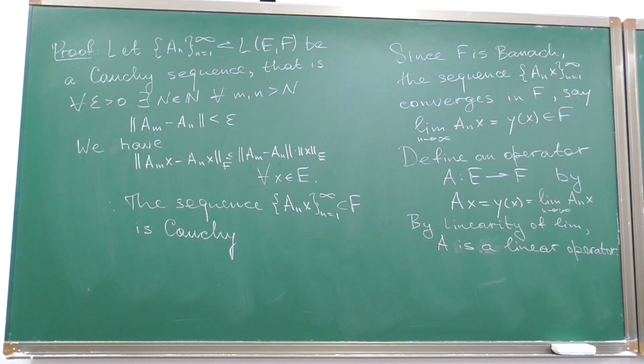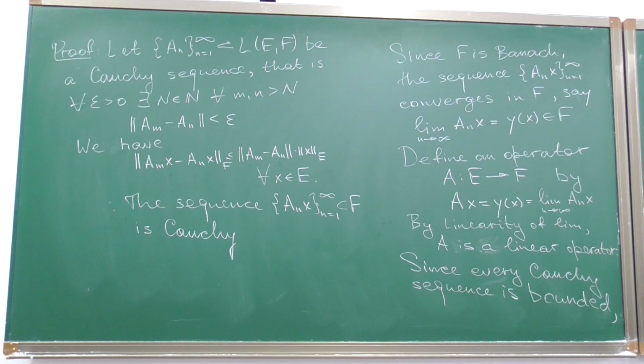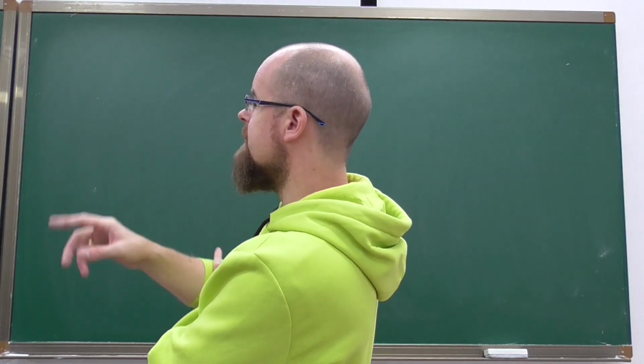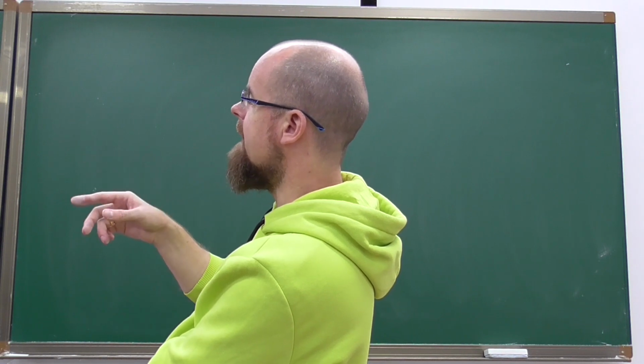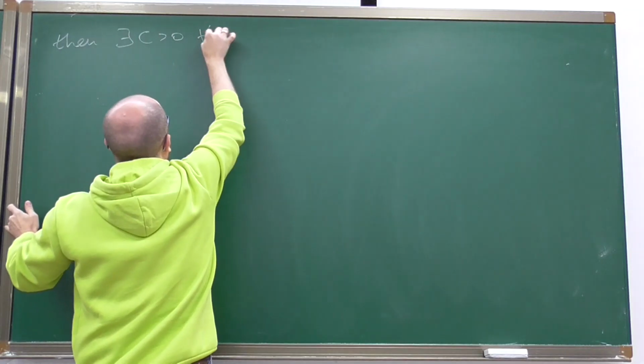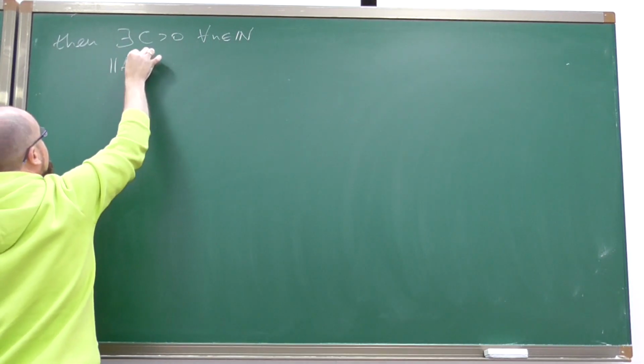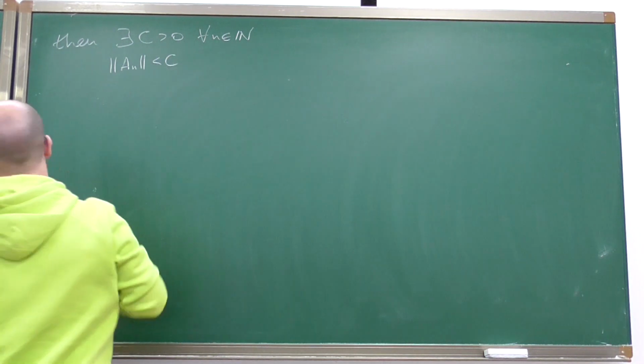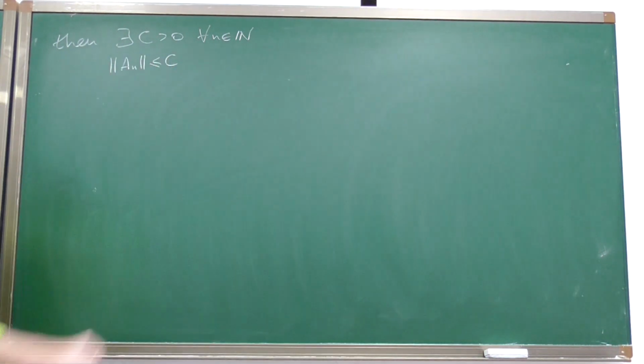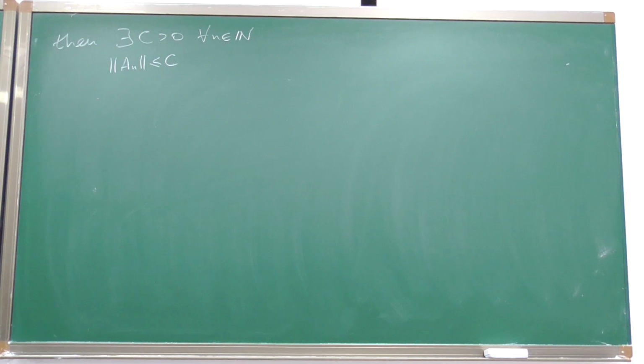Let us prove that A is a bounded operator. We know that every Cauchy sequence is bounded. And we know that our sequence of operators A_n is Cauchy, such that for every n, the norm of A_n is bounded by a constant. Let's go with less than or equal to. Doesn't matter much.